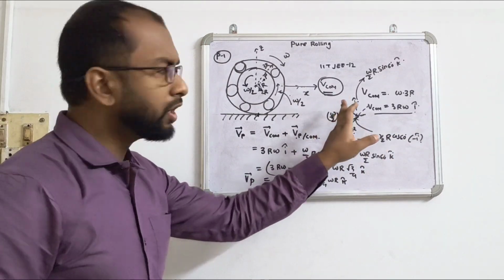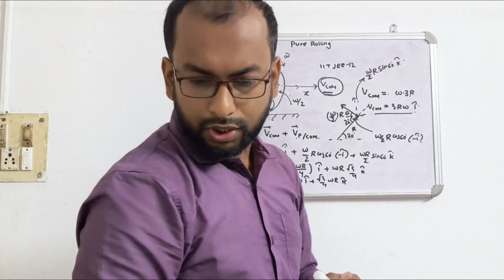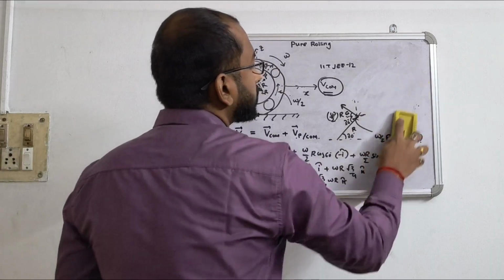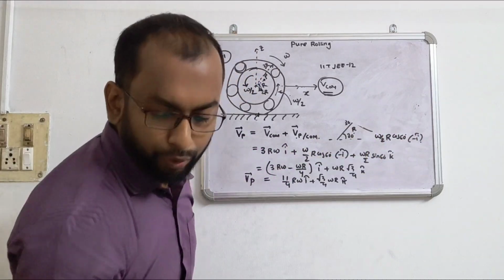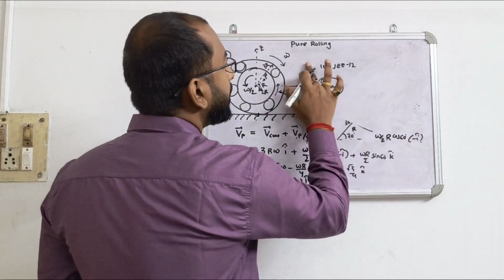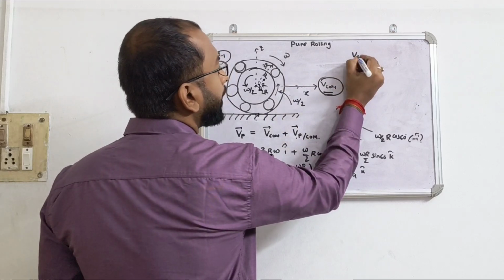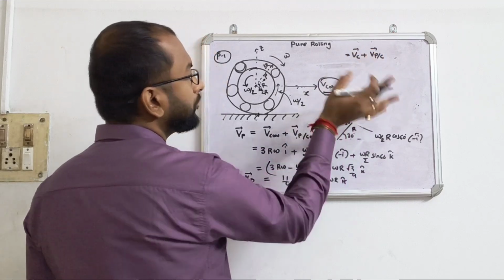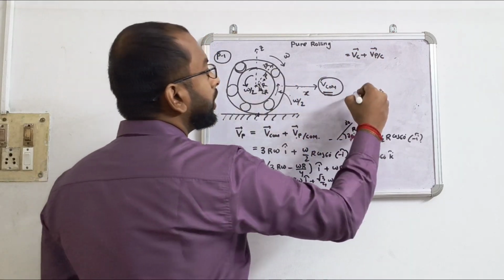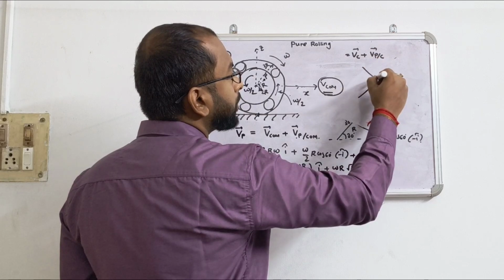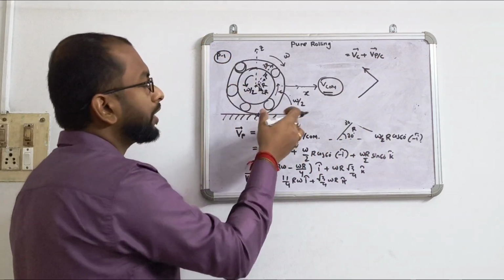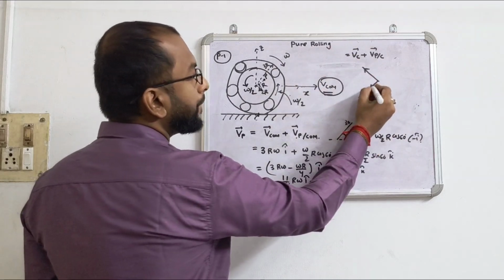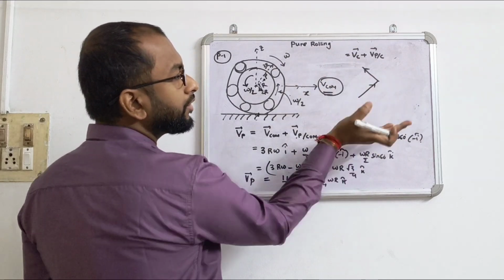If you have any doubt in this part, you can understand it from the concept of combined motion: at any point, the velocity is the velocity of that particular center plus the velocity with respect to the center. That is the total velocity. As the inner ring is rotating with respect to the center with angular velocity omega by 2, anti-clockwise, at this point the tangential velocity will be perpendicular to the radius vector, in this direction.